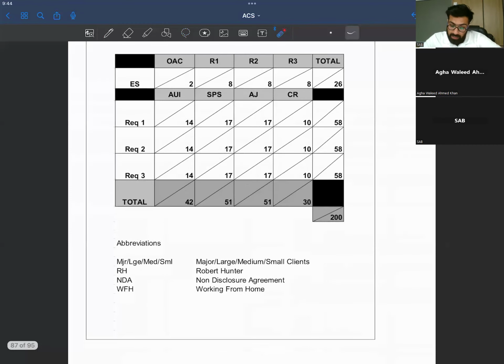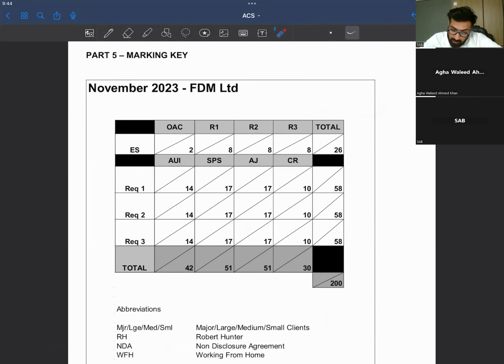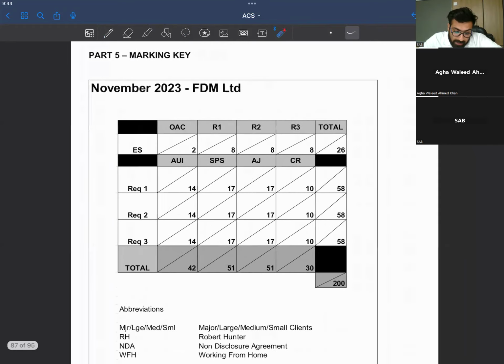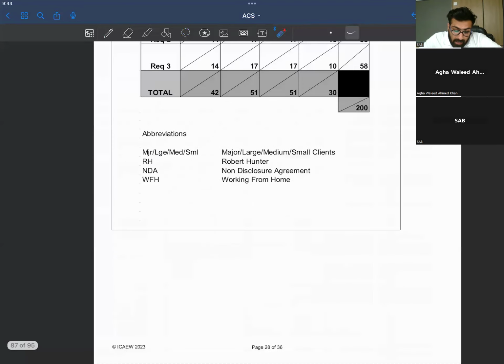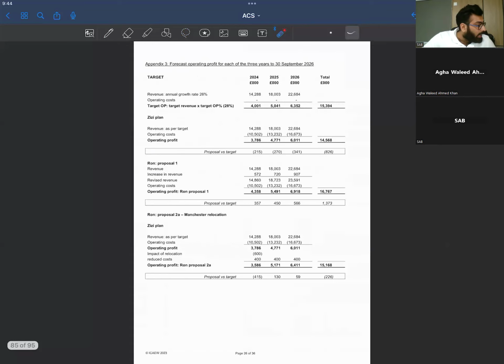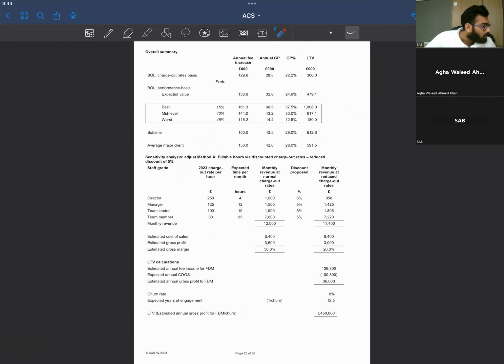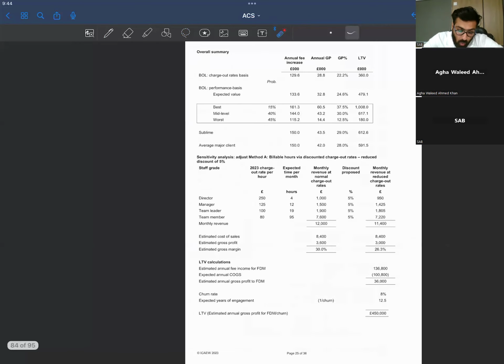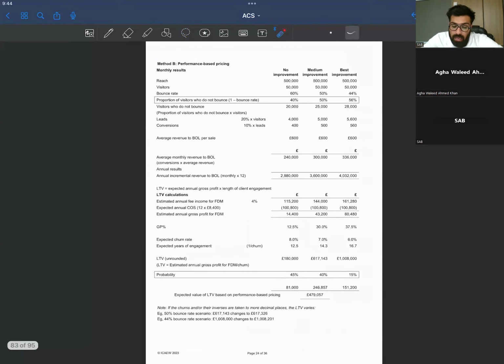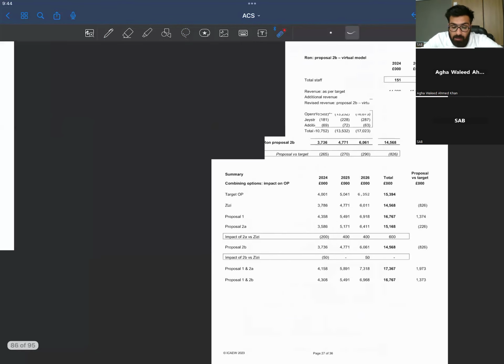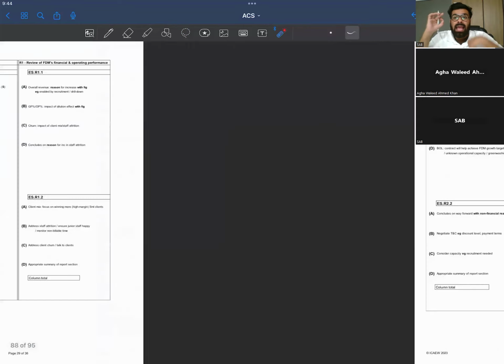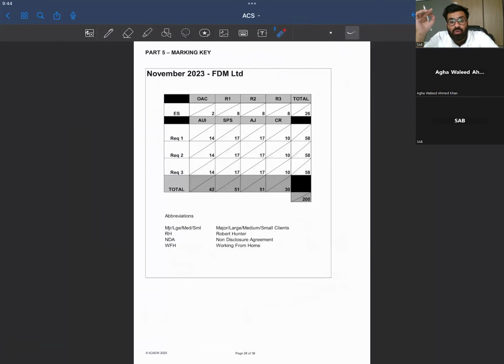Yes, there is a marks allocation between the requirements, but they are not given in the exam. So what you have to do is write as per the maximum points, and make sure that you complete your exams, okay?